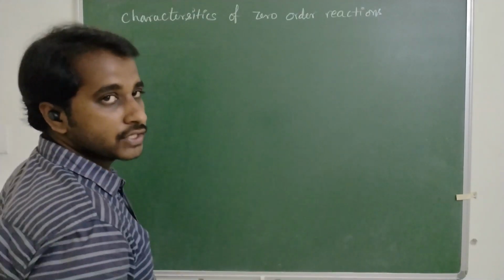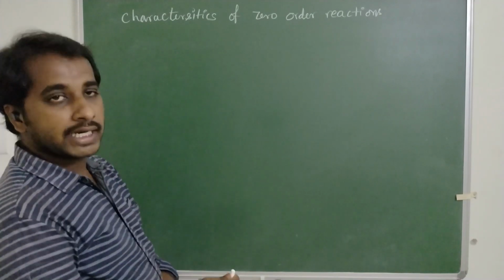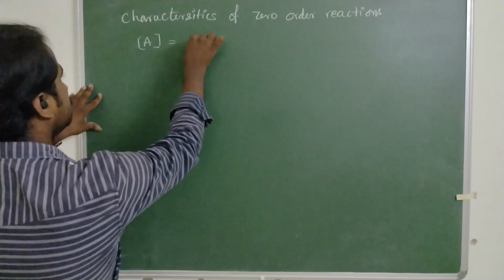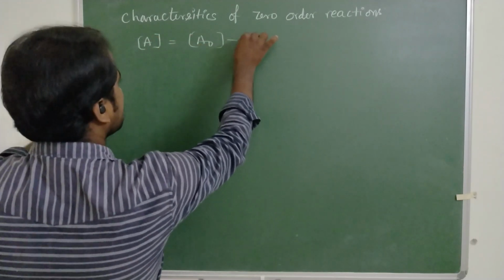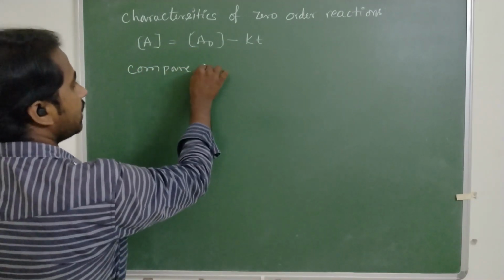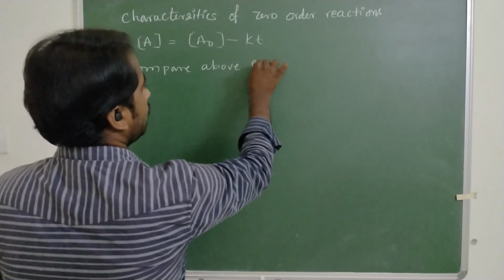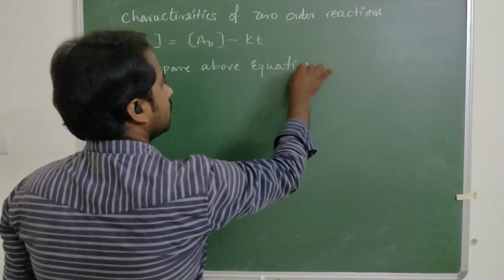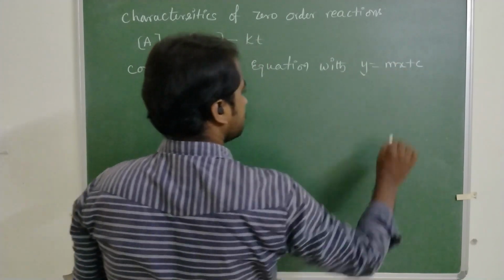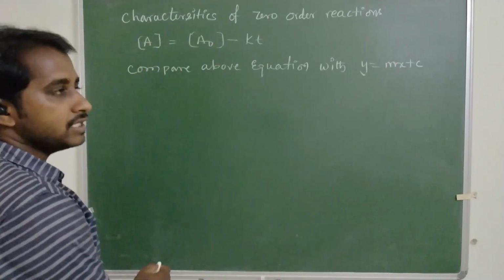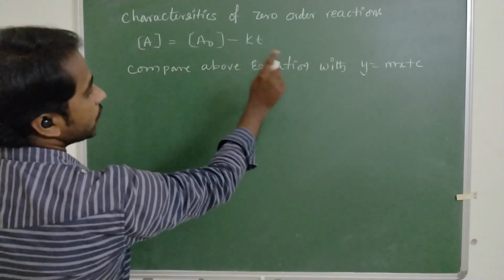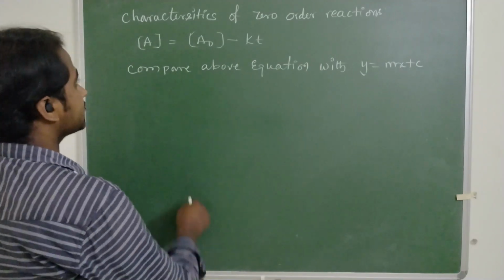Characteristics of zero order reaction. Any zero order reaction should obey the equation A is equal to A naught minus Kt. Compare this above equation with y equal to mx plus c, where m is the slope and c is the y-intercept.